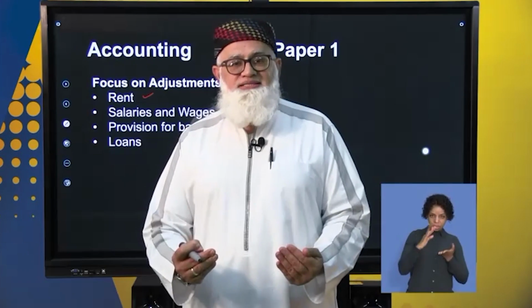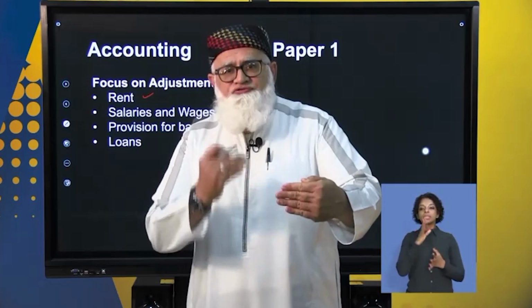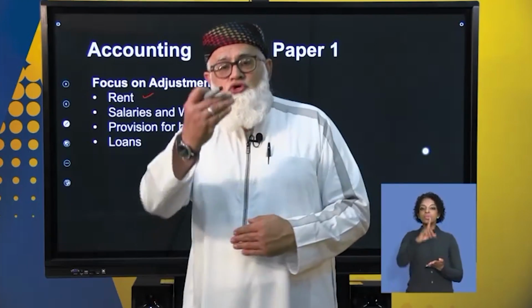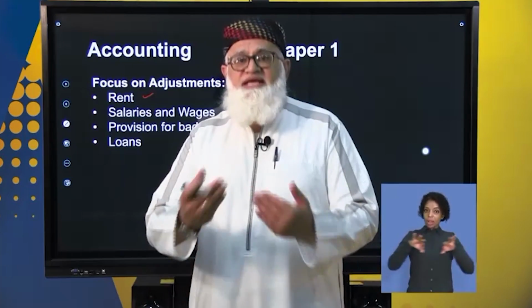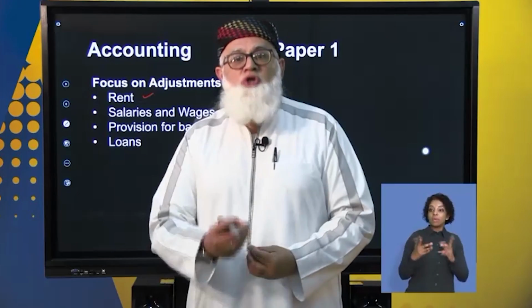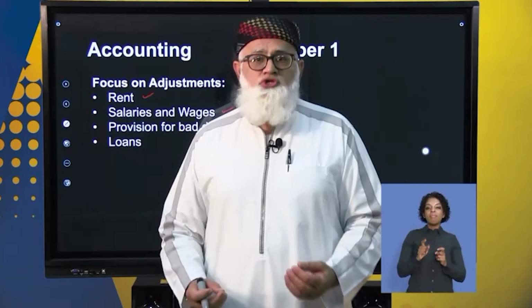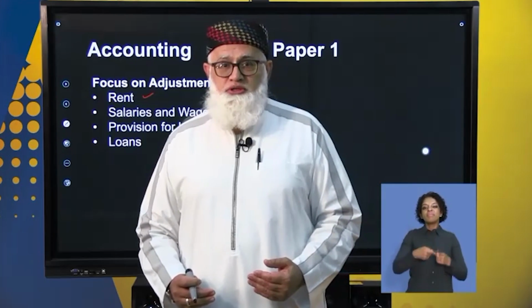In other words, it's trade debtors less provision for bad debts. You can see you are reducing the value of your asset. Obviously, we're taking into account the possibility of those debtors that may not settle their accounts. So we're being prudent in our approach, right?